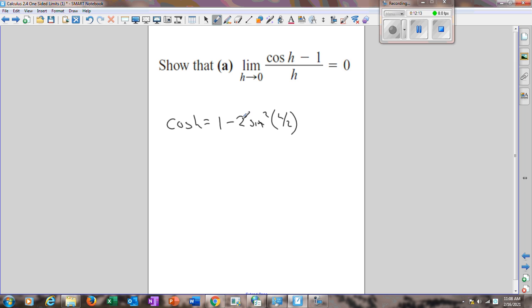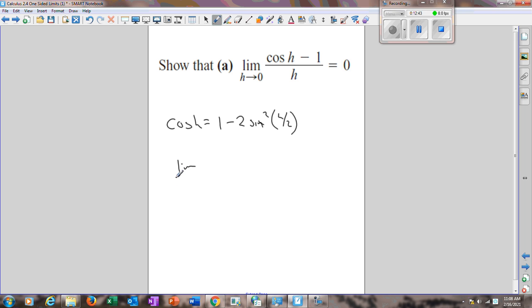That's one of our half angle identities. So how does that help? Well, it makes it so that we can start to plug in. So I'm going to plug this in for the cosine of h.